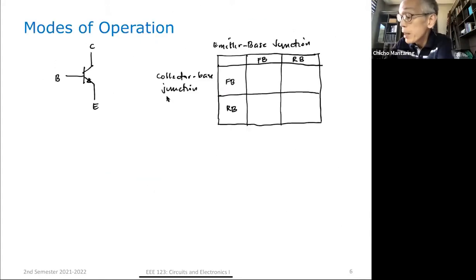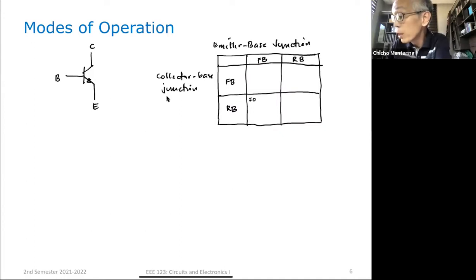So there are 4 possible combinations. Let me fill in what the modes of operation are going to be. When the collector base is reverse biased and the emitter base is forward biased, you call this the forward active mode.